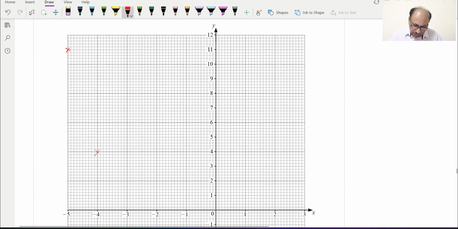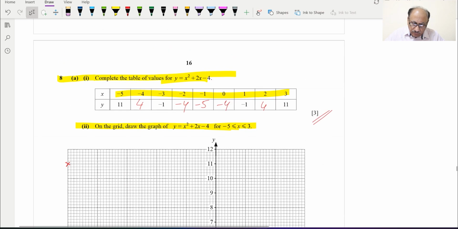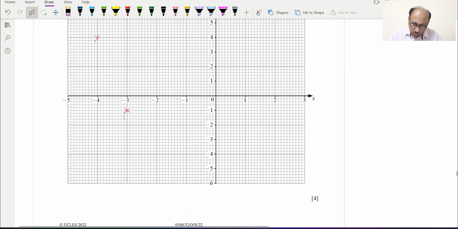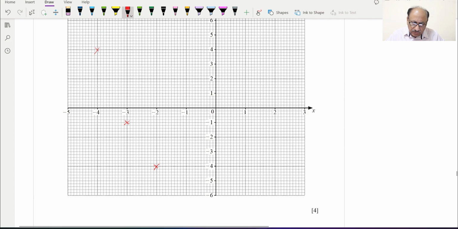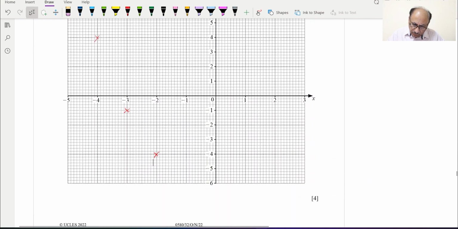Then minus 3 and minus 1 also marked. And then minus 2 and minus 4 is also done. And the next value is minus 1 and minus 5, marked.